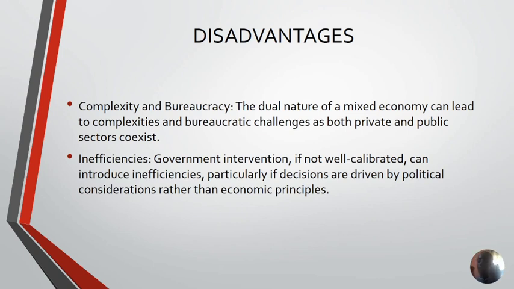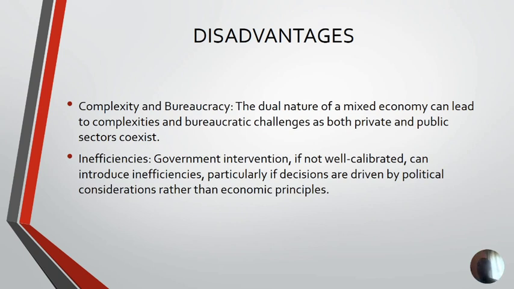Then we have to talk about the inefficiencies, whereby the government intervenes. Do we know whether the government would be fully informed whenever it's intervening in the economy? Because we always know that the government lacks the knowledge to fully intervene in the economy and make sure that it provides a much more equitable distribution of goods and services. It can introduce inefficiencies, particularly if decisions are driven by political consideration rather than economic principles.